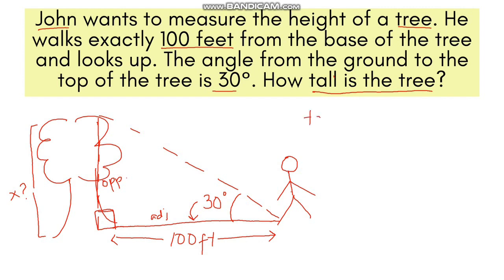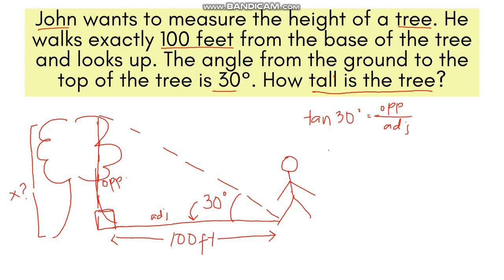Tangent of 30 degrees. From what we know, tangent can be solved using opposite over adjacent. So we have to identify which one is the opposite side and which one is the adjacent side. We already identified it. The opposite side is the one that is missing, which represents the height of the tree. And the adjacent side is the distance of the tree to John.